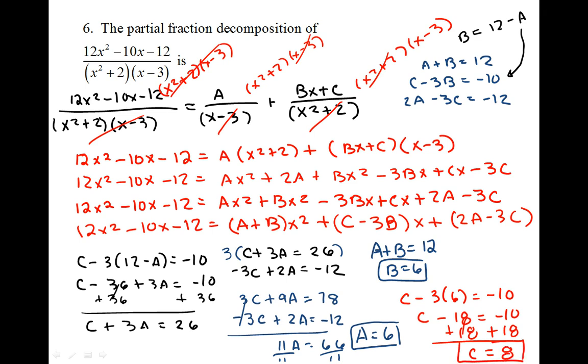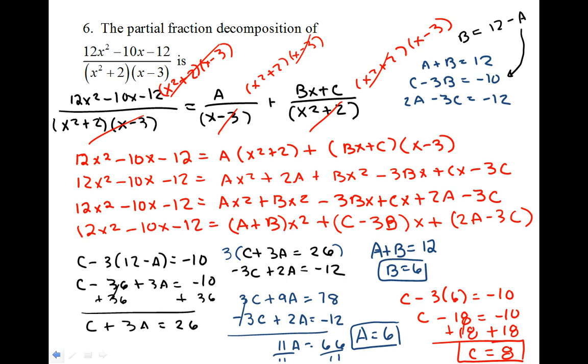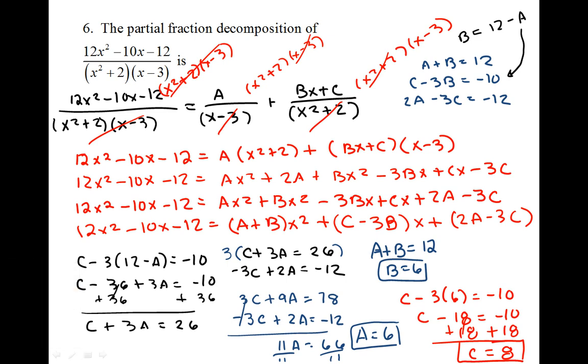Okay, so now all we have to do is rewrite our partial fraction decomposition. So let me see if I can find some place to squeeze this in here, since I didn't give myself a blank slide. For my A, I just need to have a 6 right here.